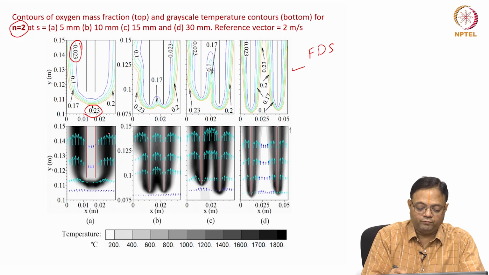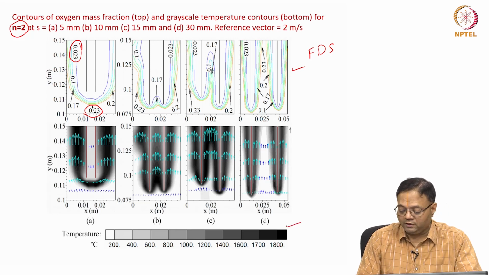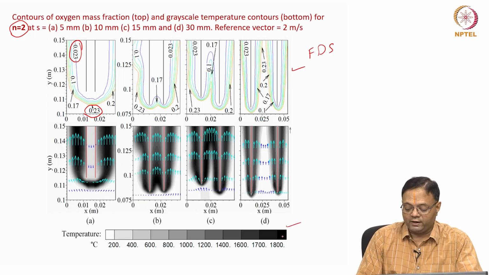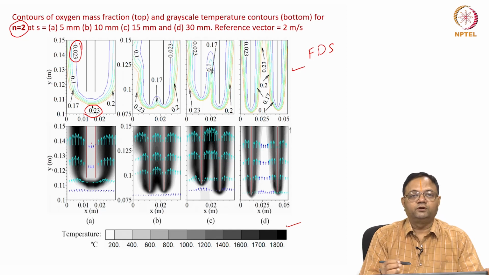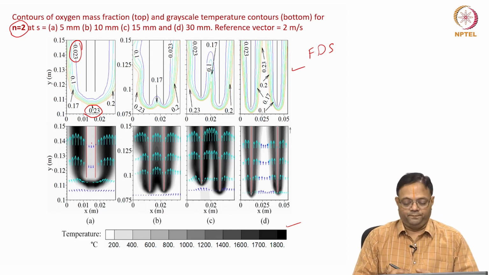Only a single flame, shown in the grayscale contours where black shows the highest temperature and white shows the lowest temperature. So, this is the temperature contour basically. It also shows that a single flame surrounds both the sheets and both sheets burn as a single entity.